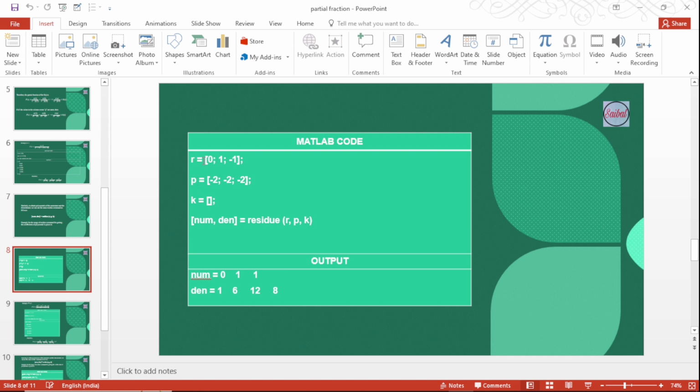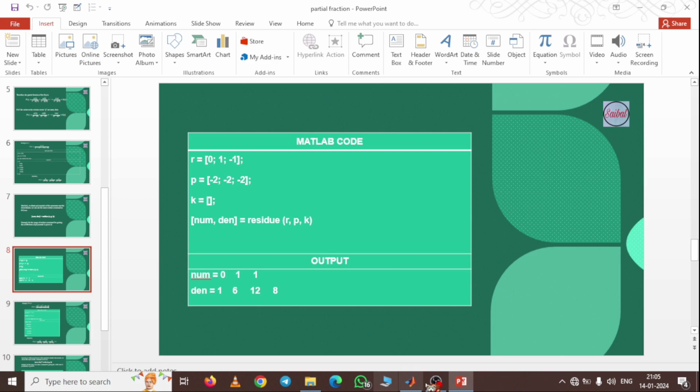So here you can see we write r, p and k. So r as a column vector, so here we have to write this way. Here p also is a column vector, so you have to write -2, -2 this way, and k, then you have to put this command, that is [num, den] equal to residue(r, p, k).